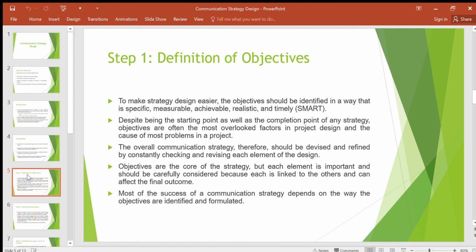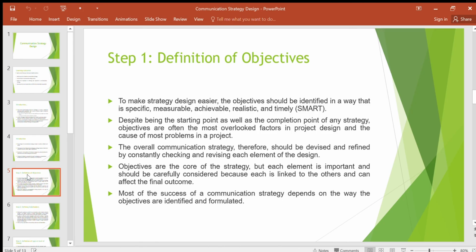For a communication strategy design, you should define your objectives clearly. They should be SMART. The meaning of SMART is specific, measurable, achievable, realistic, and time-bound. For every objective you come up with, it should be SMART. It should be time-bound. It should be achievable.